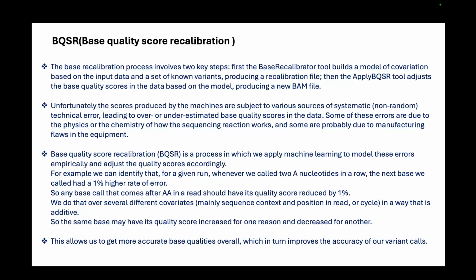One condition is: if there are two A's, the next base will have 1% lower quality. There can be other conditions like this. Many of these covariates are additive in nature. For one particular covariate, the base quality might go up, and for another it might go down. So it's an additive process. After it is done, it adjusts the quality scores of the bases more appropriately so that it can help in further downstream analysis.